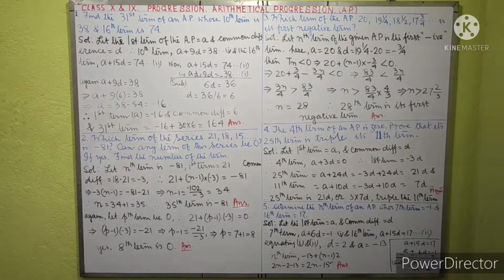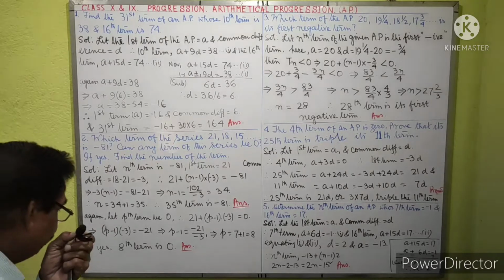Second question: which term of the series 21, 18, 15 is minus 81? The question further asks: can any term of this series be 0? If yes, find the number of the term.